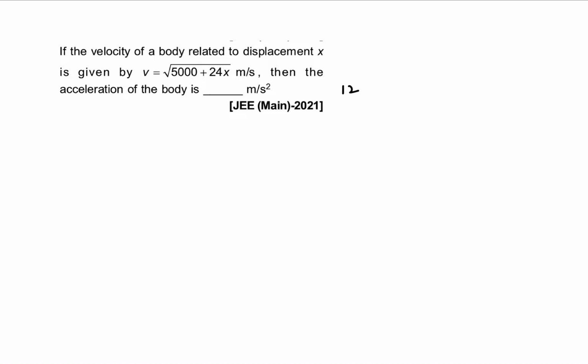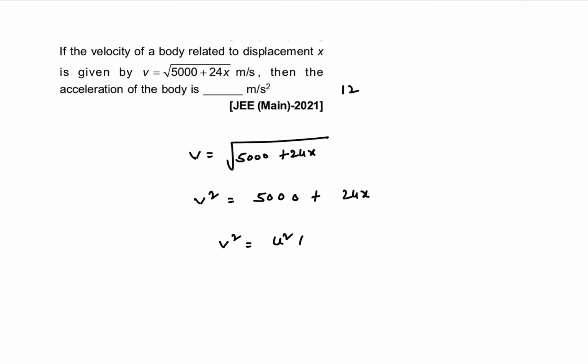Okay. Next question. If the velocity of a body is related to the displacement x as v is equal to under root of 5000 plus 24x, you can write v square is equal to 5000 plus 24 into x. We can compare with v square is equal to u square plus 2ax.